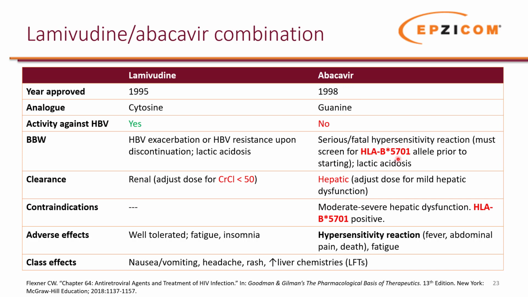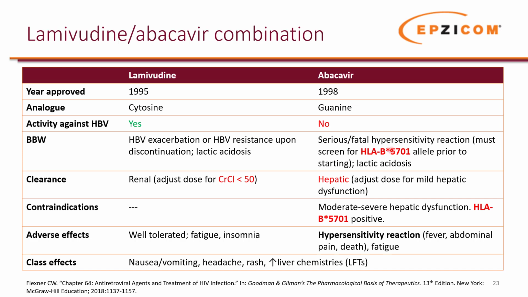That's because people who test positive for HLA-B5701 have at least a 50% increased risk of having a fatal hypersensitivity reaction to this drug. So it's crucial to test this before starting abacavir. That becomes one of the limitations of using abacavir.